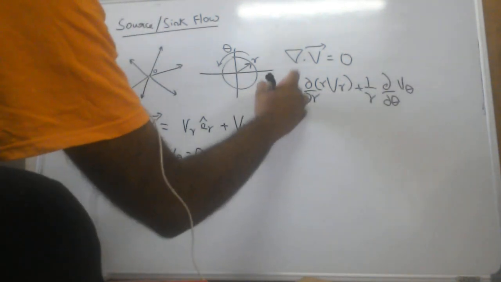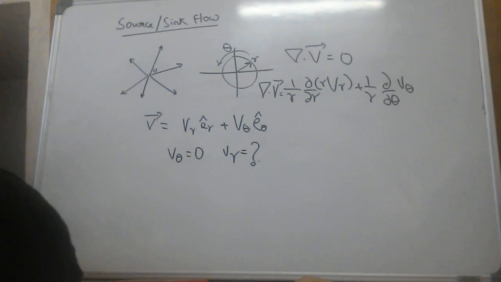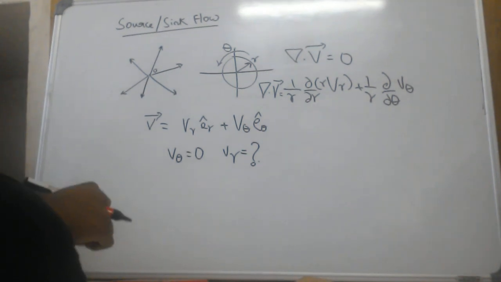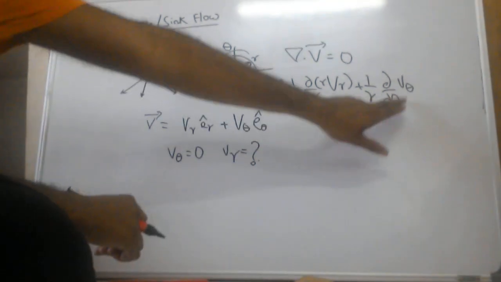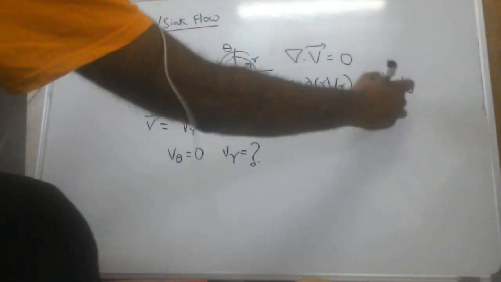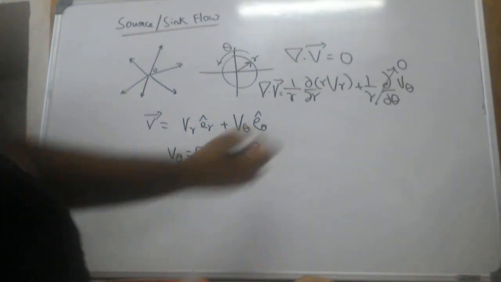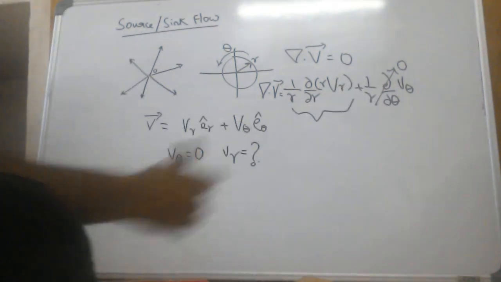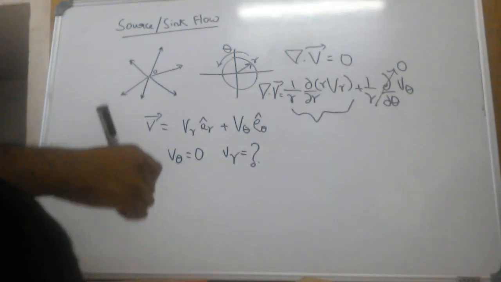This is del dot V in the r theta coordinate system. Now we already know that V theta is 0, hence this term goes to 0. The other term that we are left with is this one.